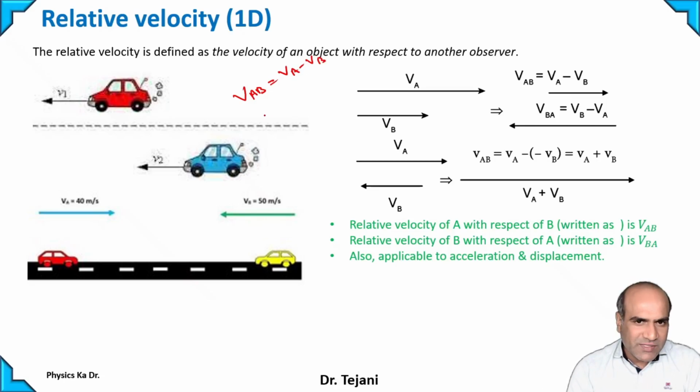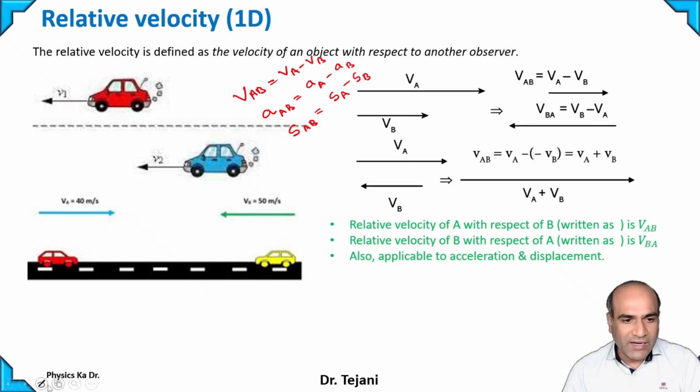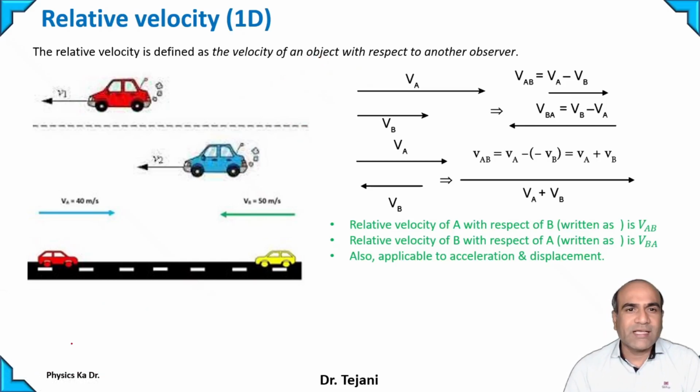The same concept is applicable for acceleration. If we talk about relative acceleration of A with respect to B, that concept is also equally valid: acceleration of A minus acceleration of B. And for the relative distance traveled SAB, the distance traveled by A minus the distance traveled by B is also valid. A separate theory is not required for that.